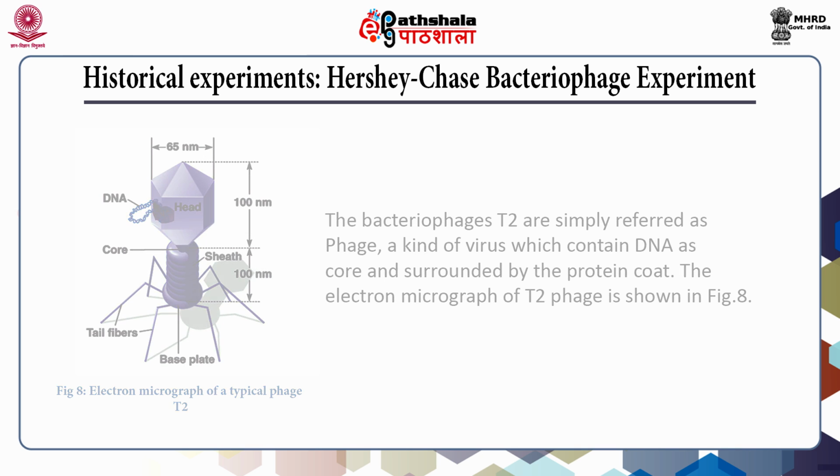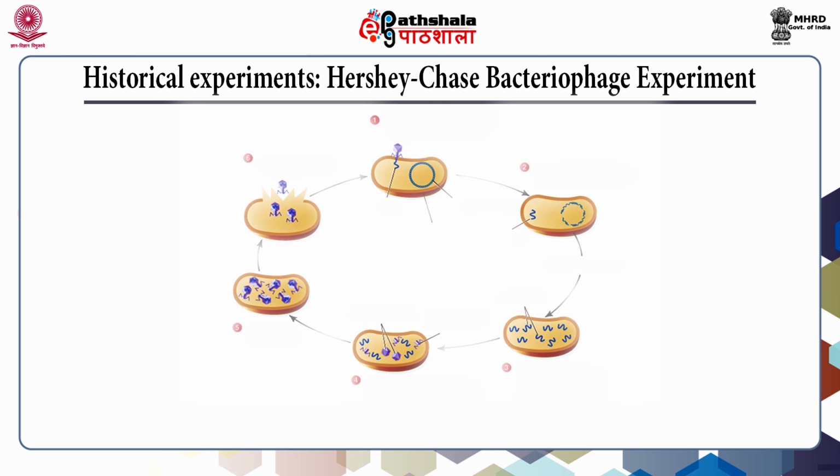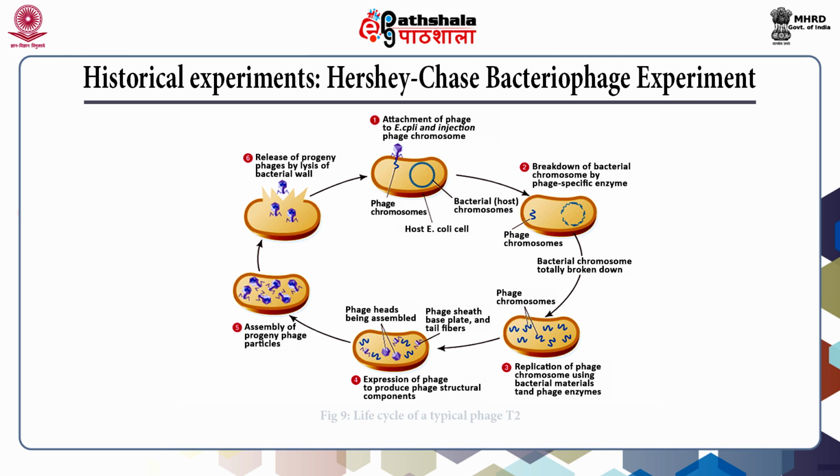a protein sheath. Prior to understanding this experiment, we should look into the life cycle of phage T2 in brief. This figure shows the life cycle of the phage. T2 phage first adsorbed on the bacterial cell surface and subsequently injected its chromosome inside the bacterial cell.